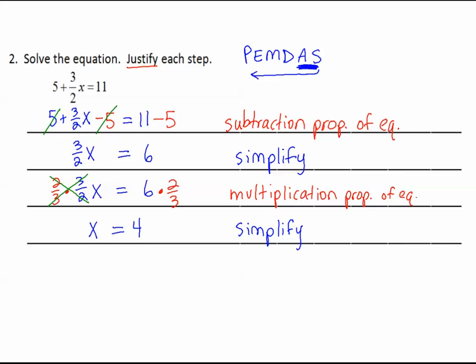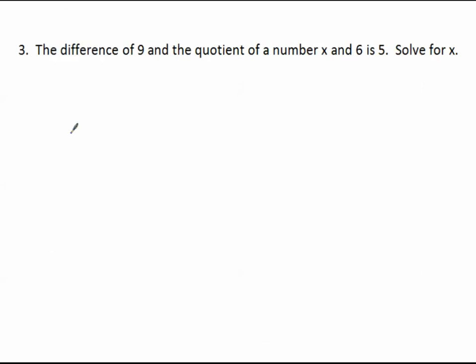Let's look at another example. Number 3, the difference of 9 and the quotient of a number x and 6 is 5. Solve for x. Well, notice that this is words. First, we need to change this to an algebraic equation. Remember that difference means subtract. What are we subtracting?